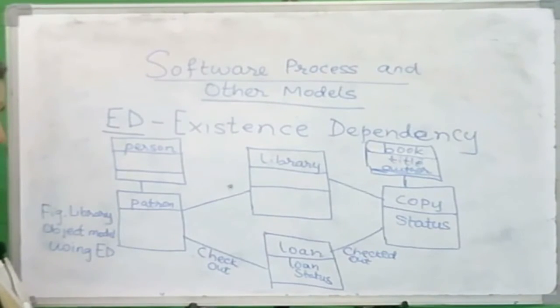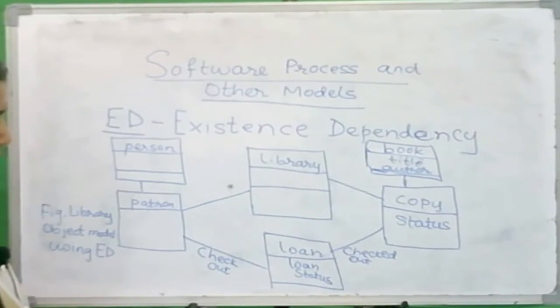However, a loan object can be created that does not satisfy the ED relationship. The object book cannot be a child of library, since the books can exist before and after a specific library.